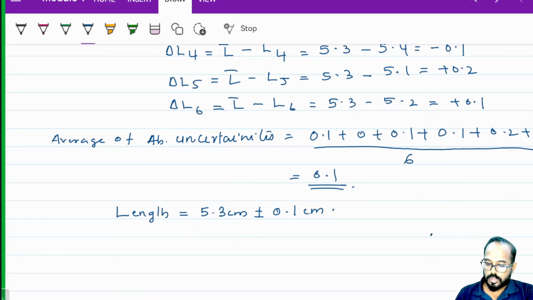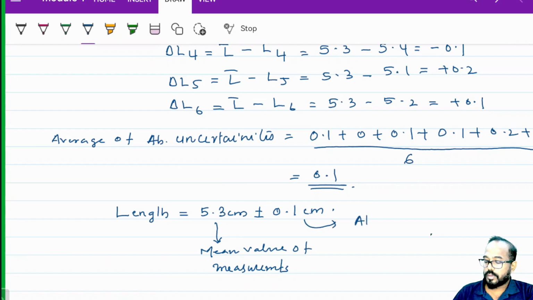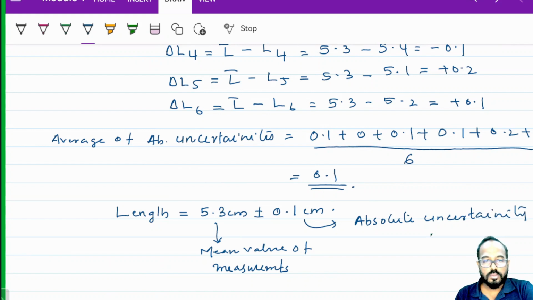So this is the physical quantity, this is the mean value of measurement, and this is the absolute uncertainty. You understood this one? The procedure, the method of calculating absolute uncertainty in a given set of measurements.